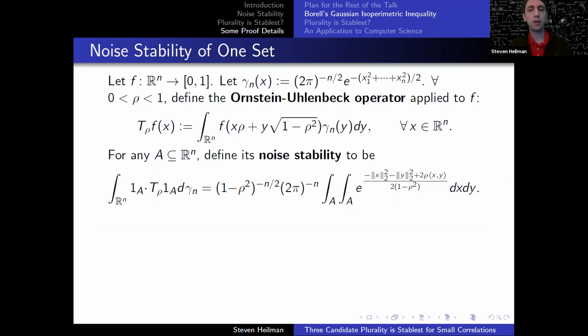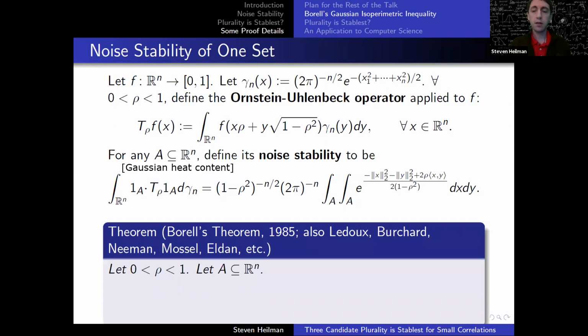Backtrack, sorry. I have indicator A, and then I multiply by T rho indicator A, and then I integrate with respect to the Gaussian. You could call this quantity, which we call noise stability, Gaussian heat content. Especially if people come from a more analysis background, what is heat content? It's the same thing, but with the heat operator instead of the Ornstein-Uhlenbeck operator. So we can think of this as the Gaussian heat content of a set.